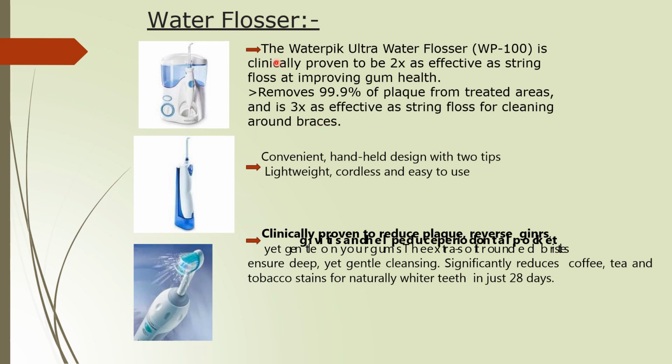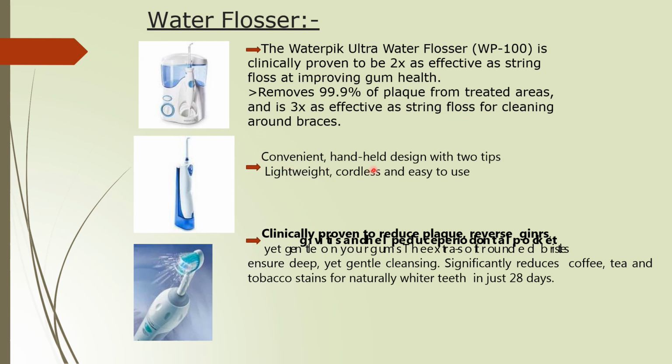Water flosses. The Waterpik Ultra Water Flosser is clinically proven to be 2x as effective as string floss at improving gum health. Removes 99.9% of plaque from treated areas and is 3 times as effective as string floss for cleaning around braces.